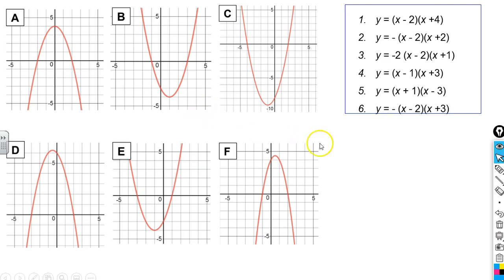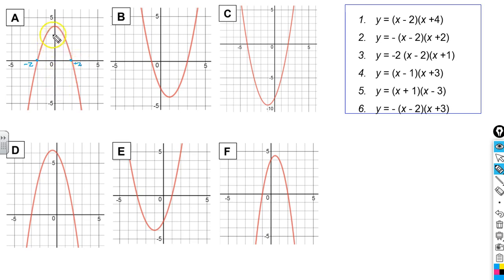And so if we look at graph A, we can tell that there's an x-intercept right here at -2, when x is -2, and there's an x-intercept here where x is positive 2.